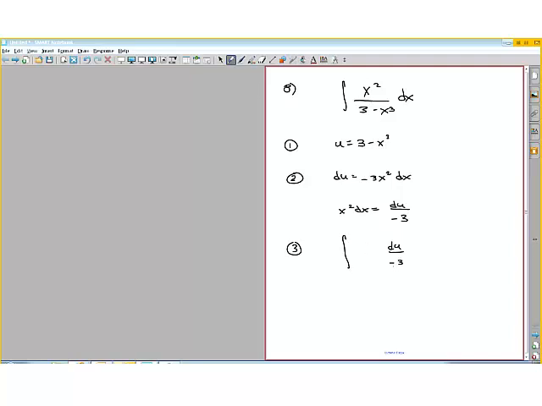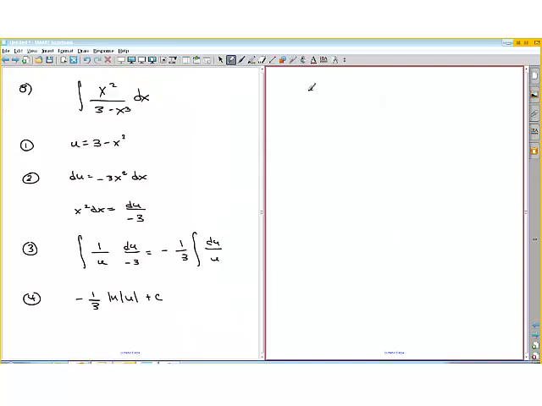We have 1 over that, 1 over u. So let's factor out the negative 3 in the denominator. So we're left with negative 1/3 times du over u. Now we integrate with respect to u. So we get negative 1/3 times the natural log of the absolute value of u plus c.